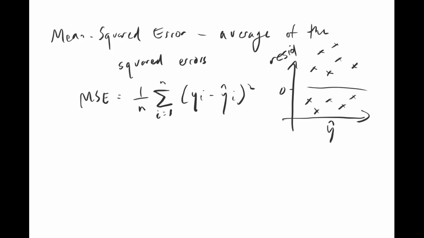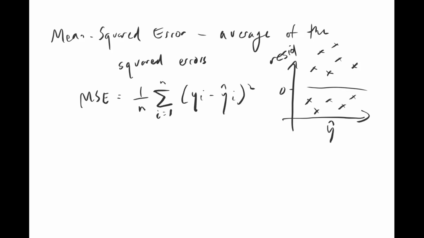One thing about the mean squared error that is different from a more traditional diagnostic device such as R squared is that the mean squared error is going to vary from data set to data set.